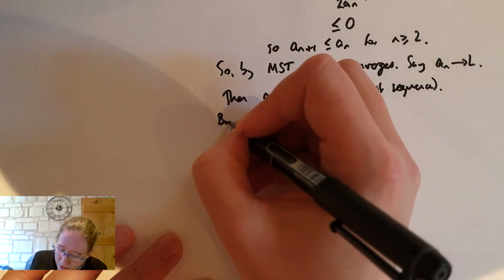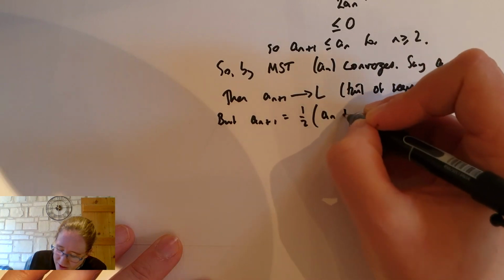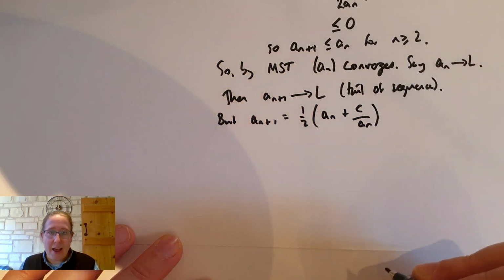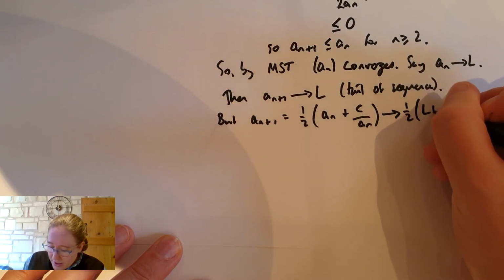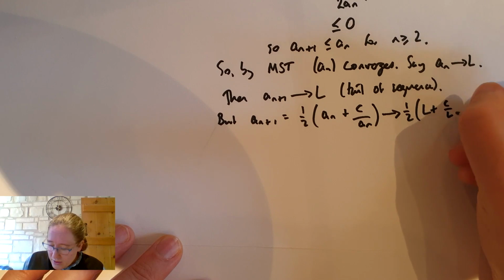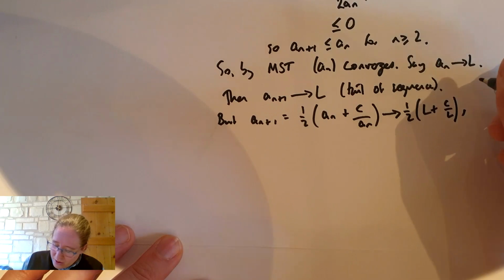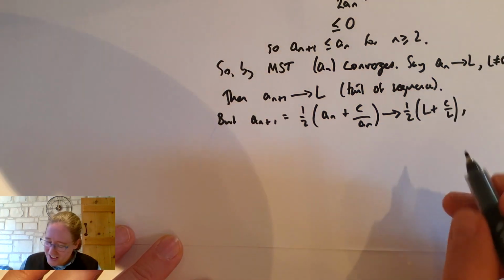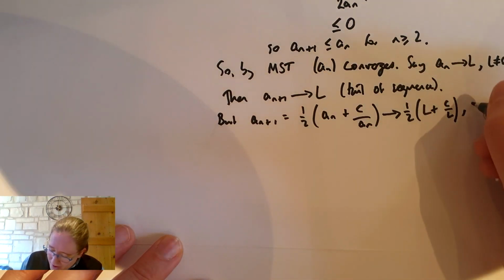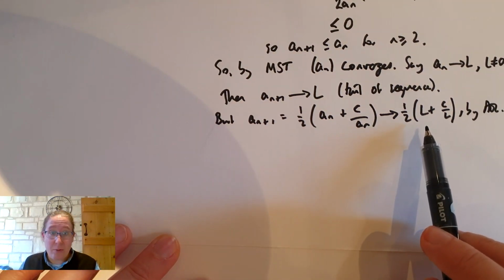But we also know that a_{n+1}, because of how we defined it, is a half of (a_n plus c over a_n). And by the algebra of limits, that tends to a half of (L plus c over L), at least in the case when L is non-zero. So let's say a_n tends to L and L is not 0, and we'll talk about L is 0 in a moment. So by the algebra of limits, a_{n+1} tends to a half of (L plus c over L).